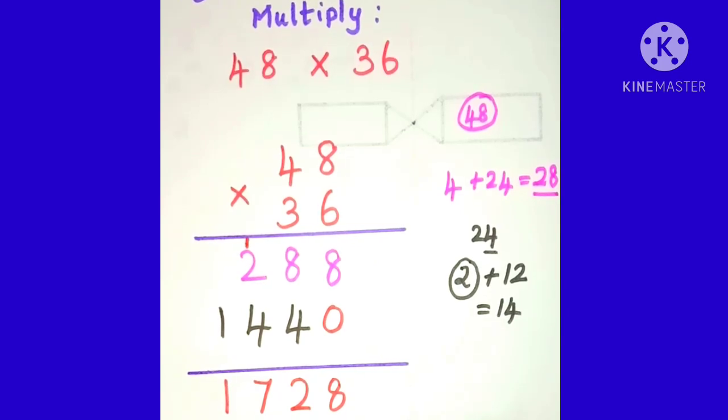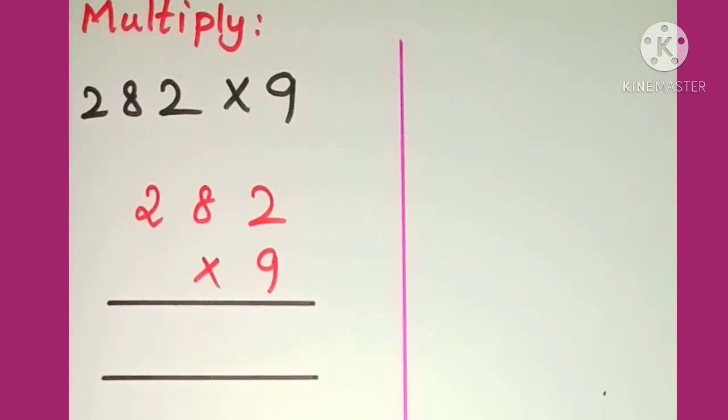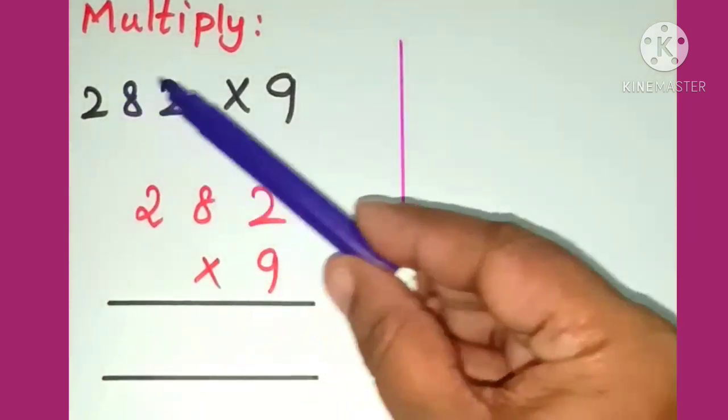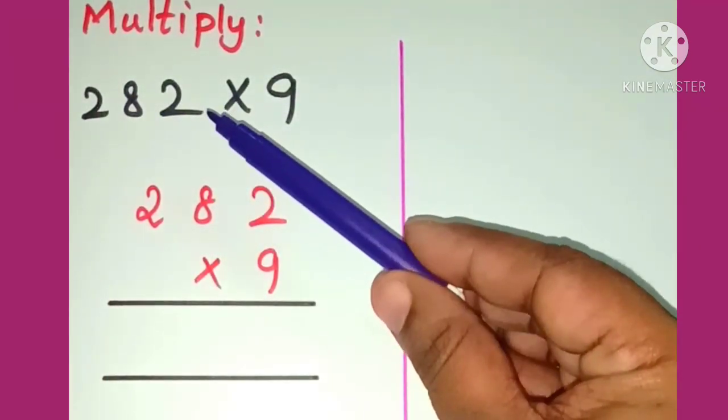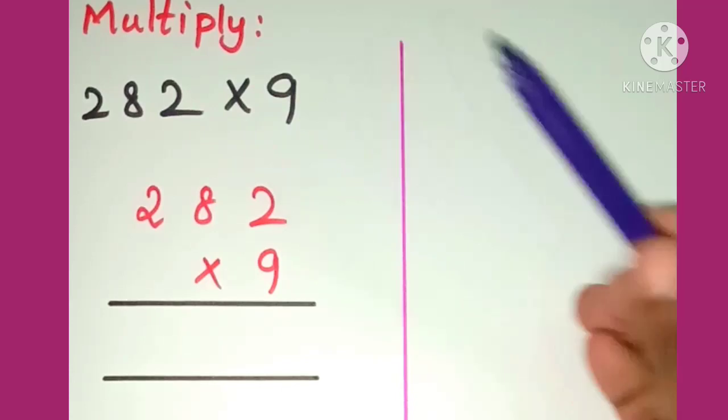Multiply 282 into 9. So students, now we are going to multiply a 3-digit number with a 1-digit number. 282 is a 3-digit number and the 1-digit number is 9.